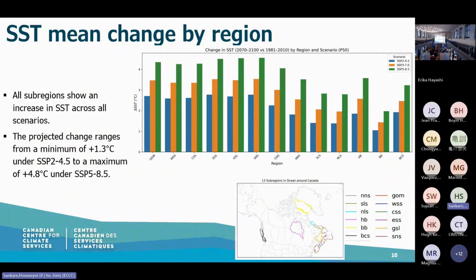The results emphasize the critical role of emission mitigation in limiting ocean warming and its potential impacts on coastal ecosystems and coastal communities.